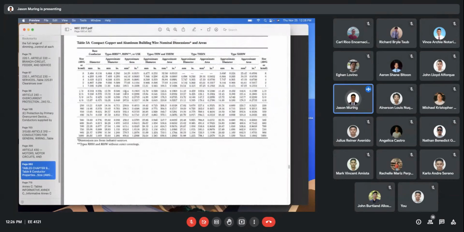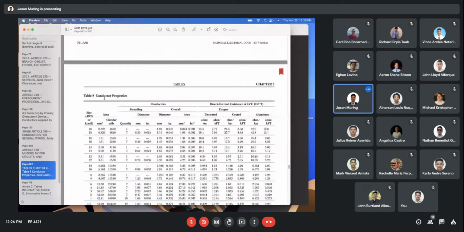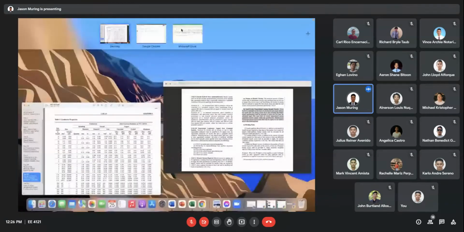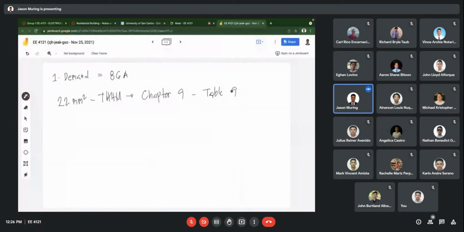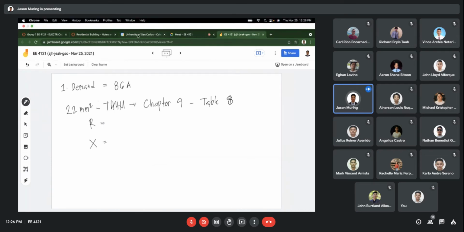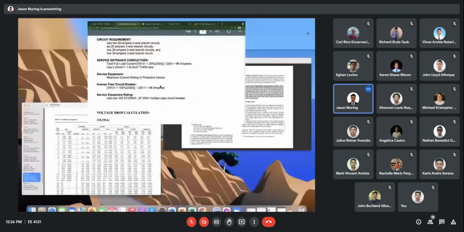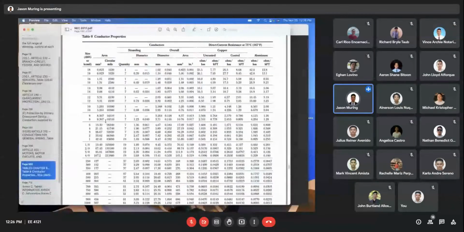So chapter 9, table 8. So this is table 8, and this is table 9. Again, we have to look up the resistance and reactance of this conductor, which is 22 mm squared.